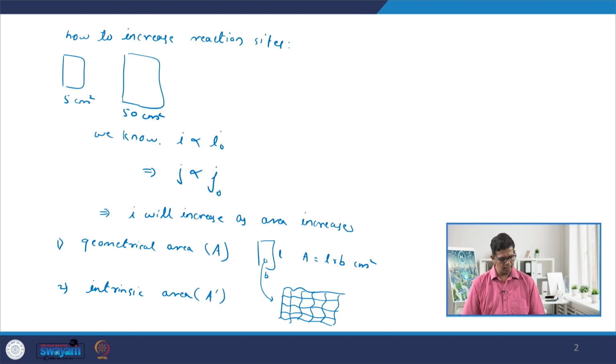The area which takes into account all the crests and troughs, or all the small areas in this electrode, is the intrinsic area A dash, and this A dash is far larger than A, because it also involves all the areas through crests and troughs.